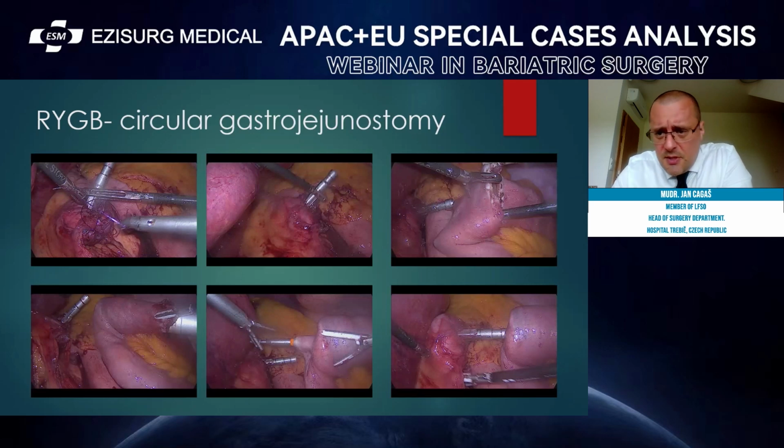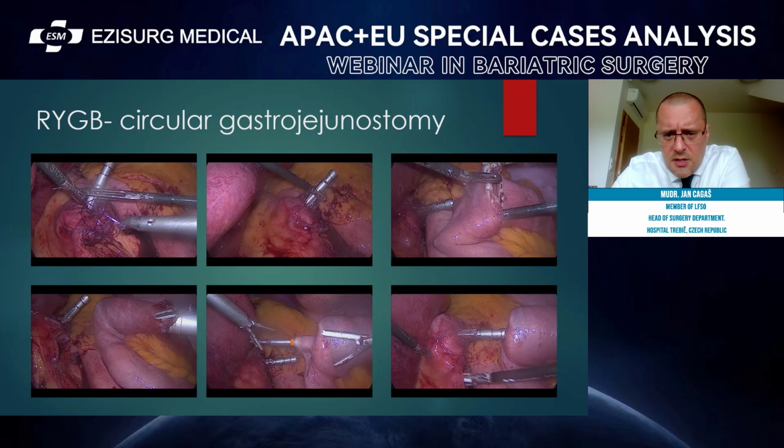So these are pictures from the circular anastomosis. The principle is that if you have linear anastomosis, there could be a big tension on the anastomosis because it only holds in one stitch, the proximal one.